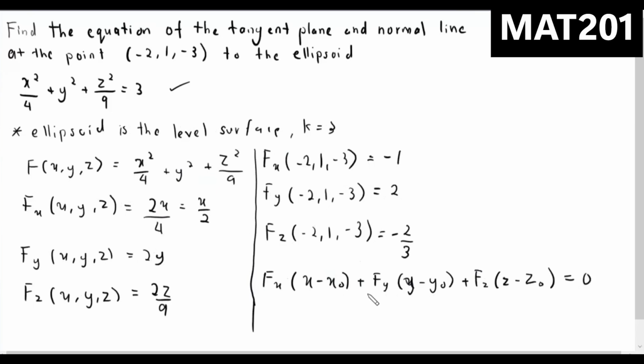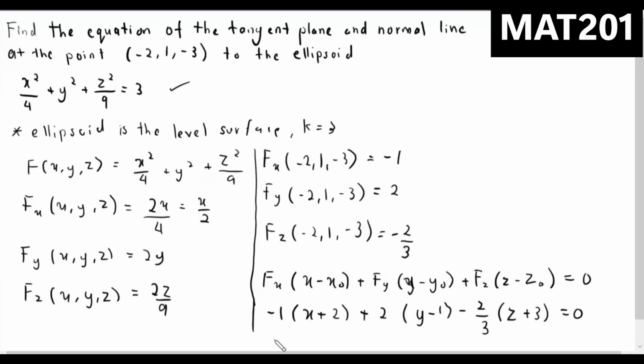Now plug in the values: f sub x is -1, and x minus -2 gives x plus 2; plus 2 for f sub y times (y minus 1); plus -2 over 3 times (z minus -3), or z plus 3, equal to 0.